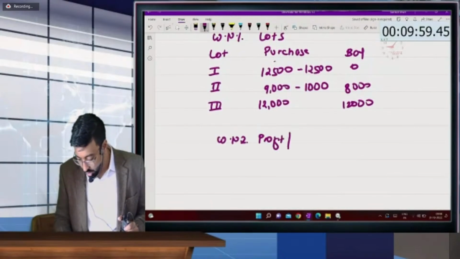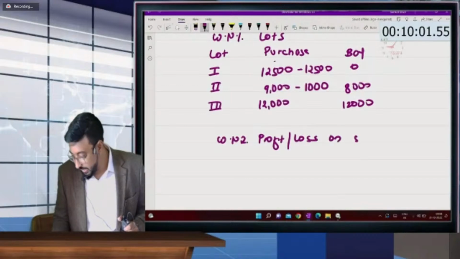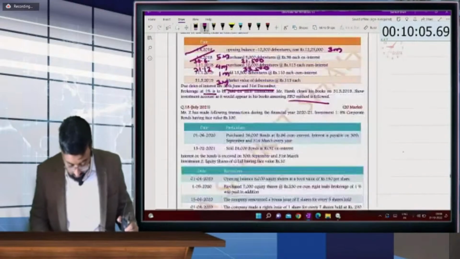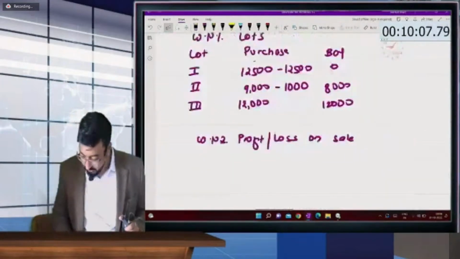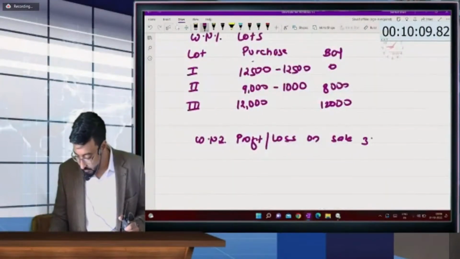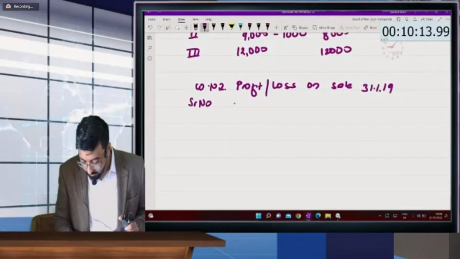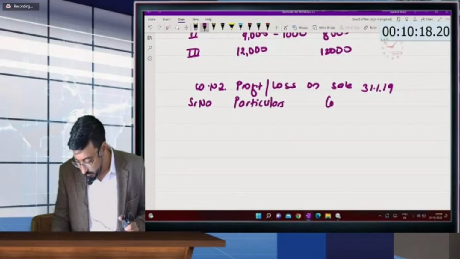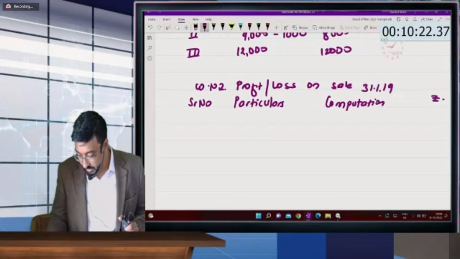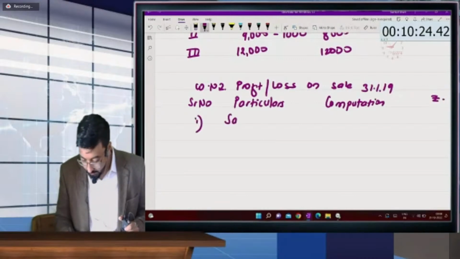Working note 2. Profit or loss on sale, when you sold this on 31st Jan. Serial number, particulars, computation, rupees. Roman 1, sales value as above.